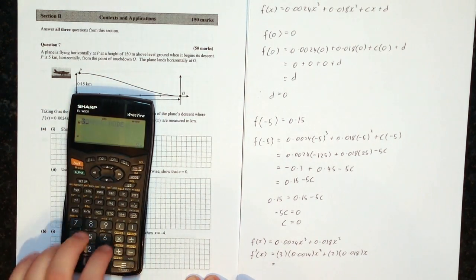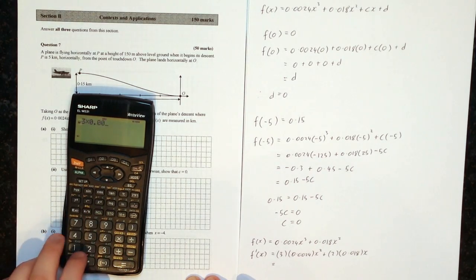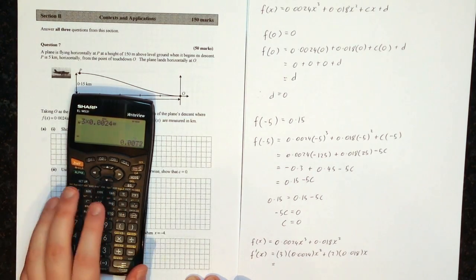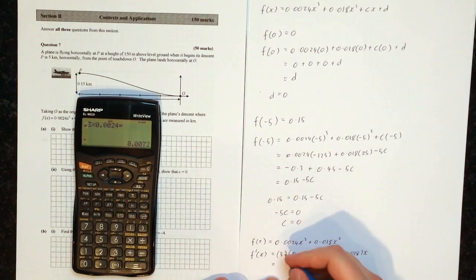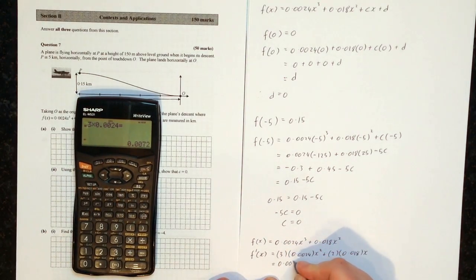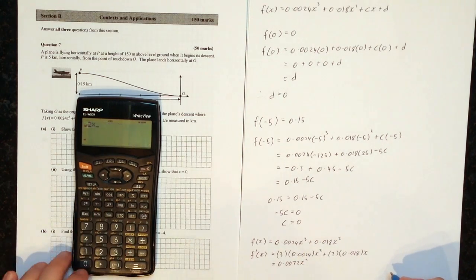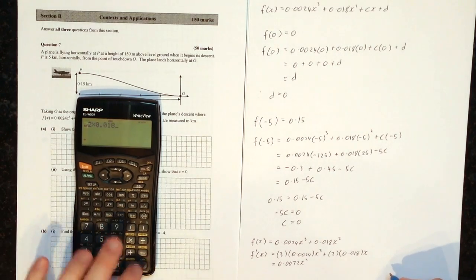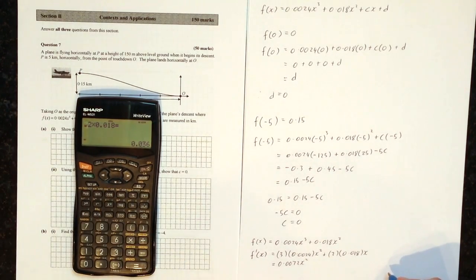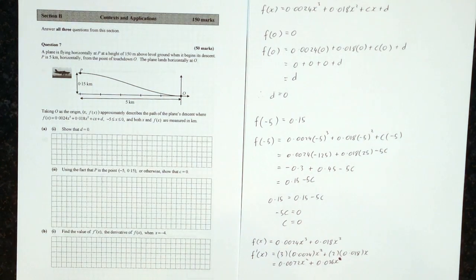So we have 3 times 0.0024, which is equal to 0.0072 x squared, and then we have 2 times 0.018, which is going to equal 0.036. So that's going to be plus 0.036 x.